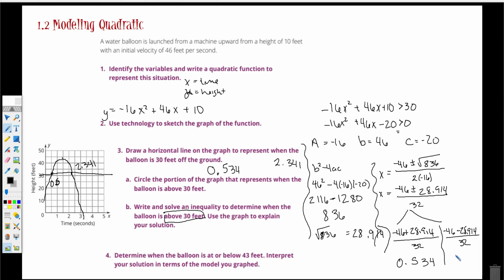And when we did the other one, oh, that was a negative 32. And so we had the other one. We had negative 46 minus 28.914 divided by negative 32 gives you that 2.34 number.